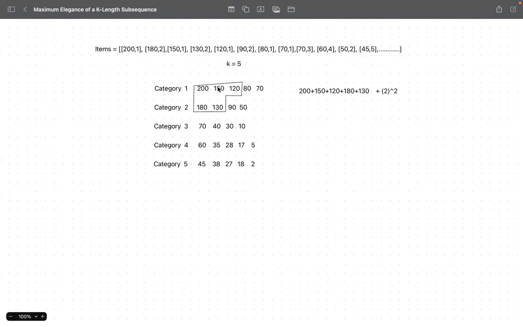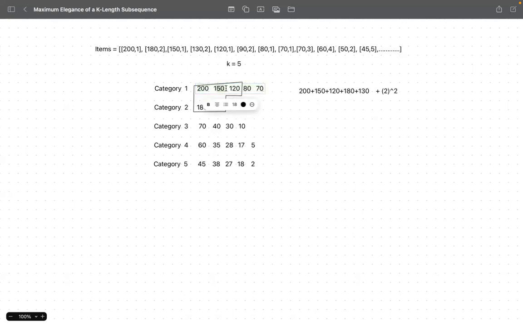For this item with profit of 150, the 200 is already considered. So these two will be regarded as duplicates. Duplicate categories, not duplicate items, because the items are different, but their category has already been used.